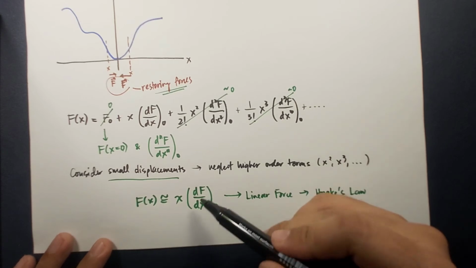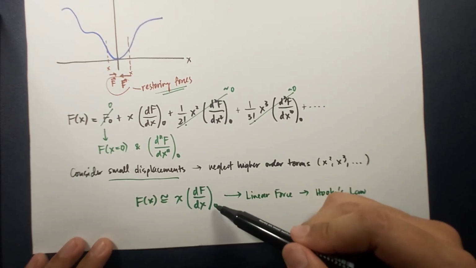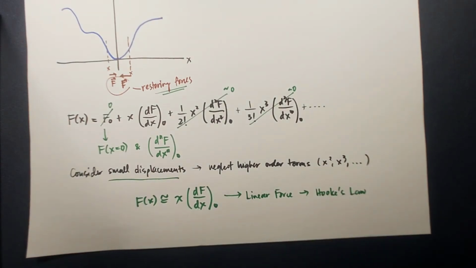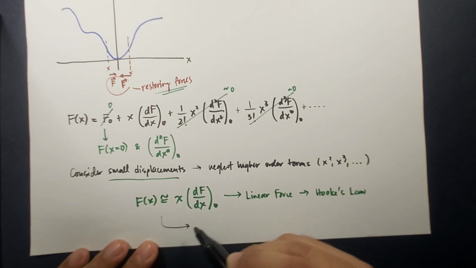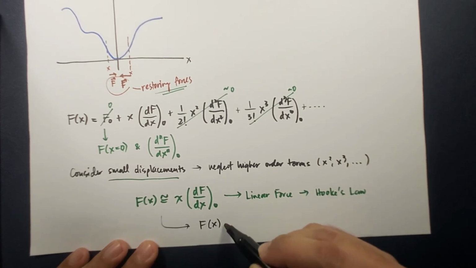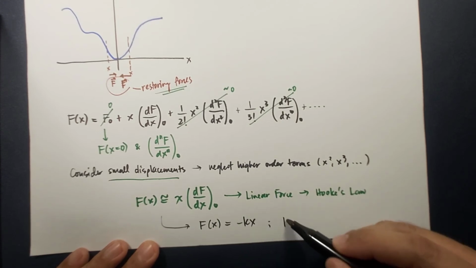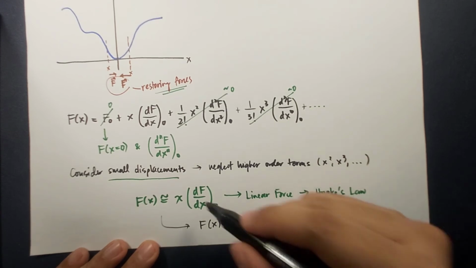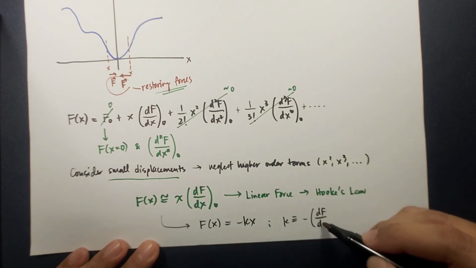Because this derivative with respect to x at x equal to 0 is just a constant, we can rewrite this as F of x equals negative kx, where we define k to be the negative of this factor.